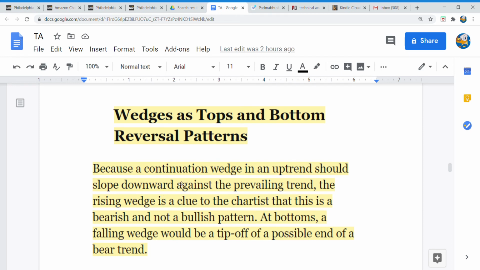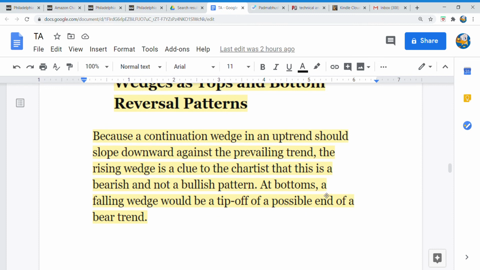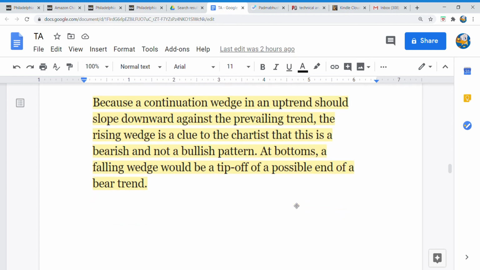Because a continuation wedge in an uptrend should slope downward against the prevailing trend, the rising wedge is a clue to the chartist that this is a bearish and not a bullish pattern. At bottoms, a falling wedge would be a tip of a possible end of a bear trend.